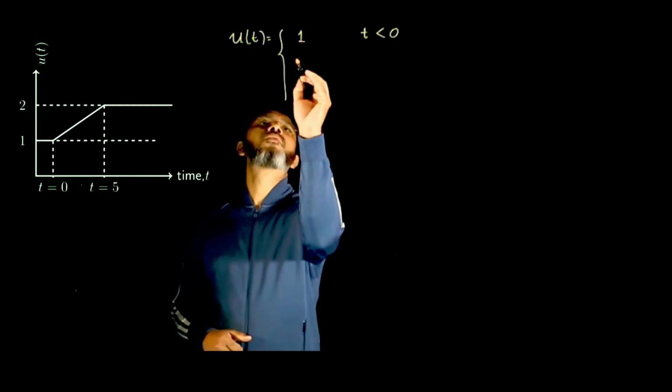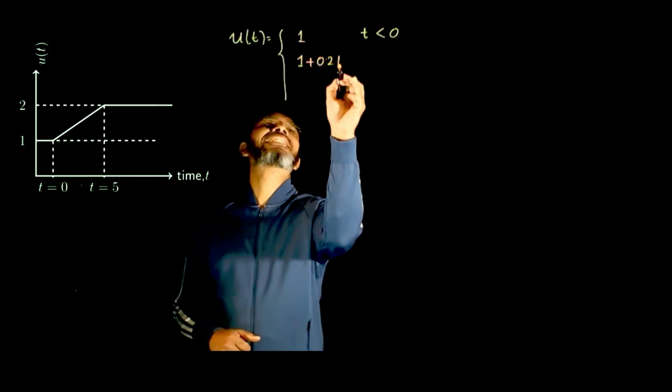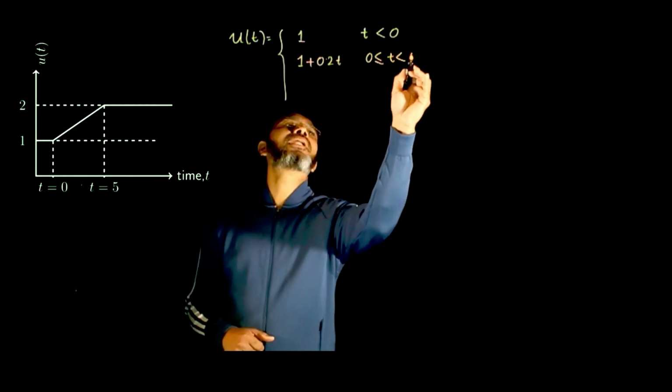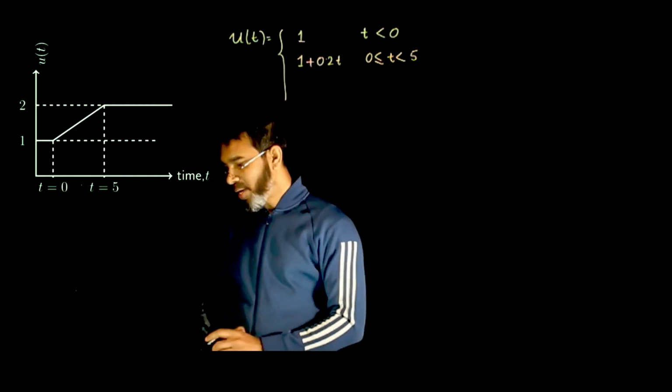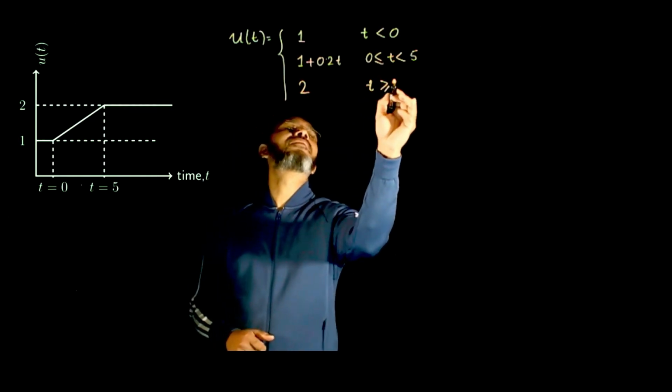So it becomes 1 plus 0.2t for t between 0 and 5, and then the value becomes constant at 2 for t greater than 5.